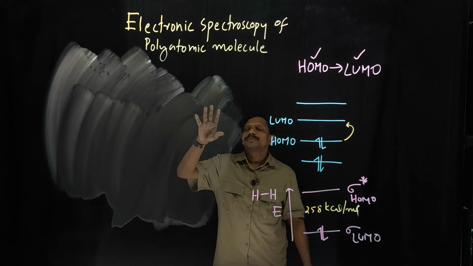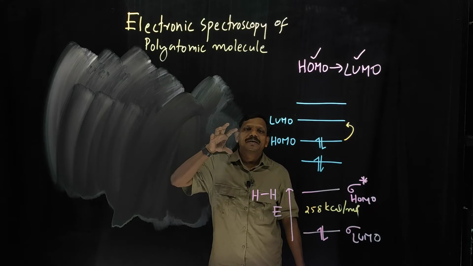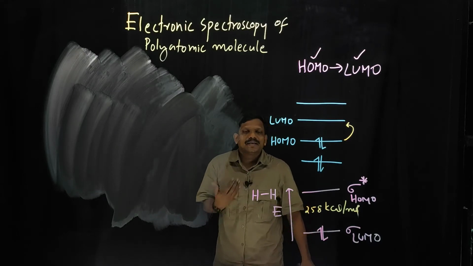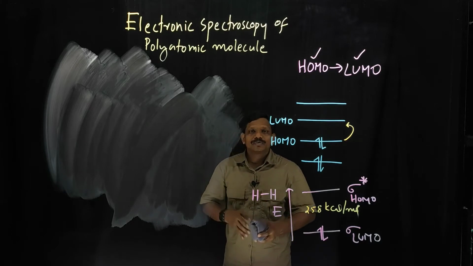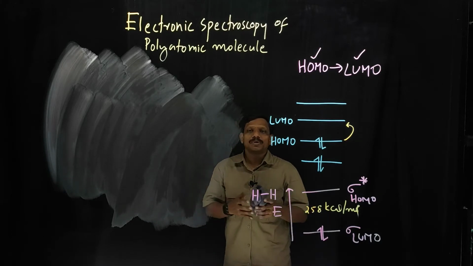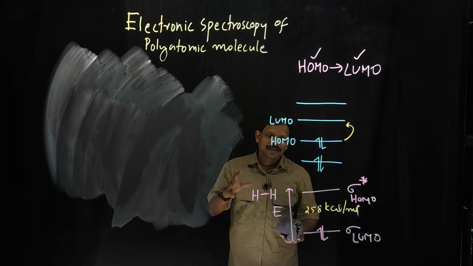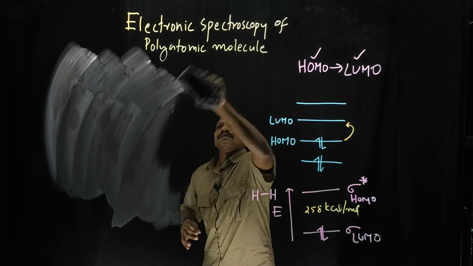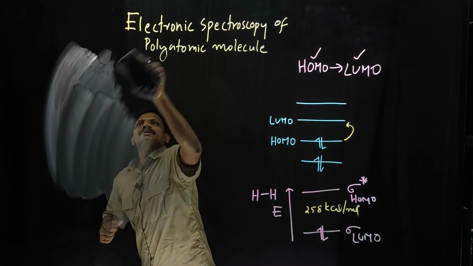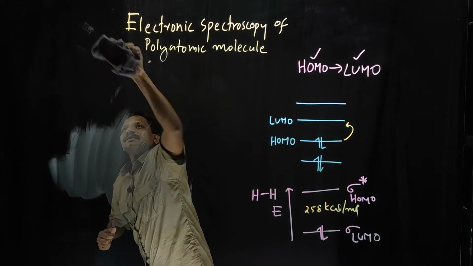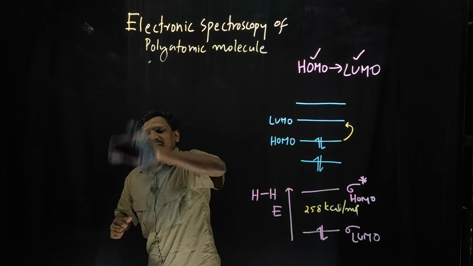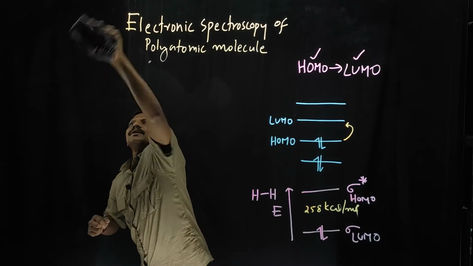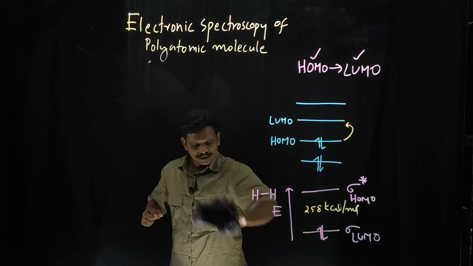That is why I told you last time that electronic spectroscopy, or UV-visible spectroscopy, is highly applicable to conjugated systems, that means molecules with multiple bonds and aromatic conjugated systems.